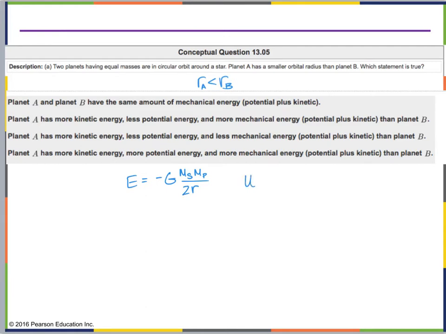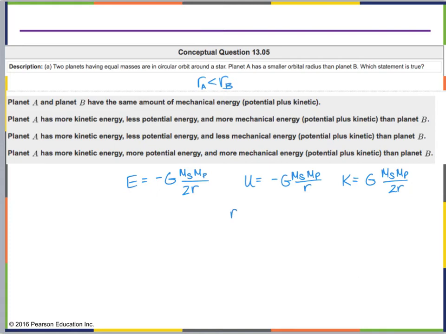The potential energy is negative G, the mass of the star times the mass of the planet divided by r. And the kinetic energy is big G, mass of the star, mass of the planet divided by 2r.